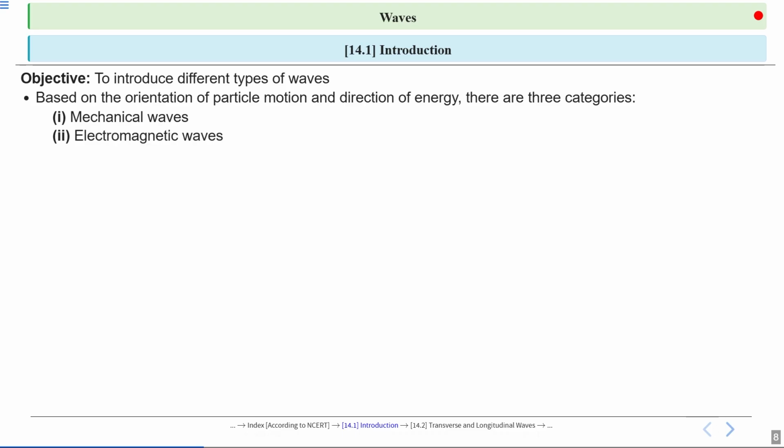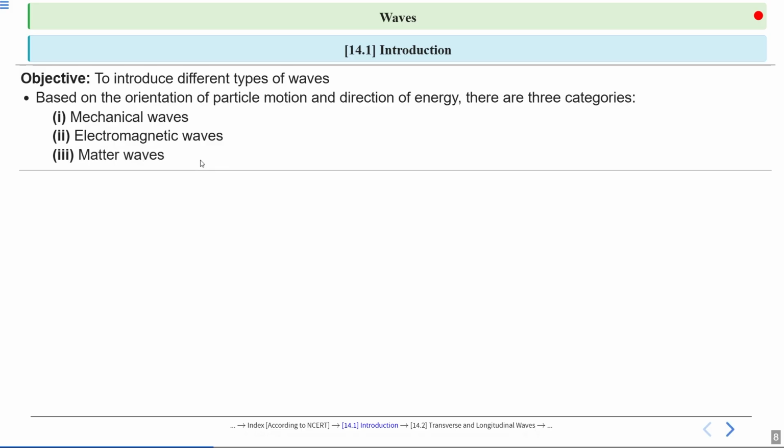Second, electromagnetic waves. Unlike mechanical waves, electromagnetic waves do not need a medium. They can travel through empty space. Light, radio waves, and X-rays are all electromagnetic waves.